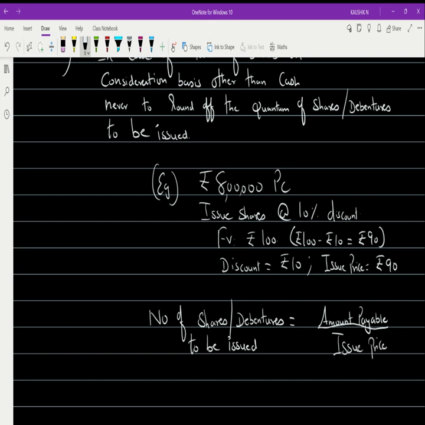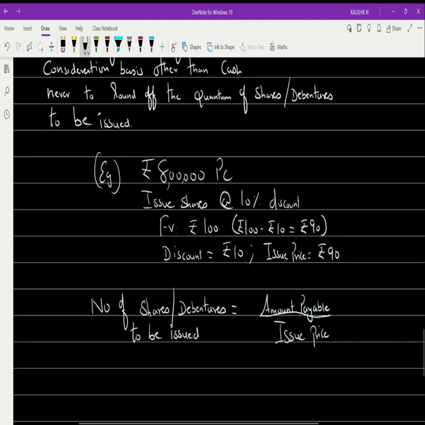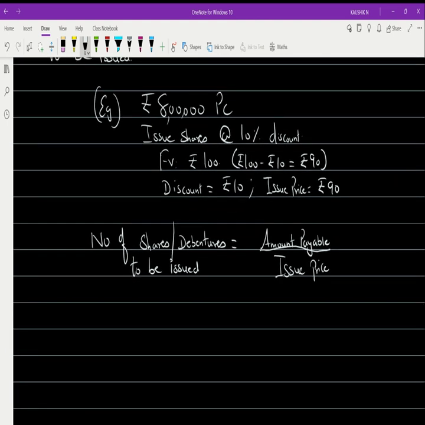Amount payable by issue price. This will give me the quantity of debentures or shares that I have to bring in. So that means 8 lakh rupees divided by 90. Cancelling out the common zeros, I am getting 80,000 divided by 9. So what will be the value? Just find out and tell me. 80,000 divided by 9.